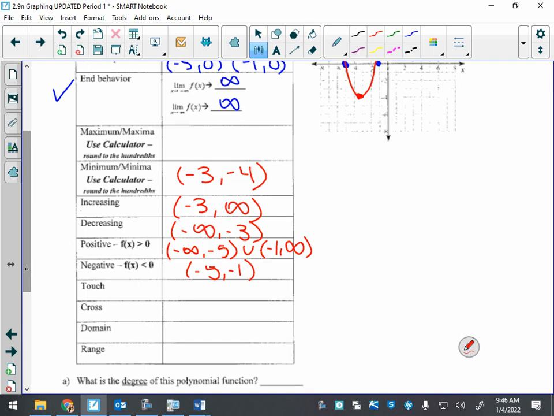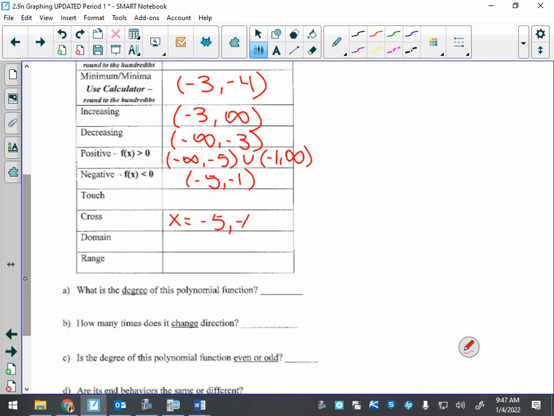Does it cross? Where? Yep. -5 and -1. Good. What is my domain? Charlie? Good. What is my range? -4 to infinity. -4 has a bracket.